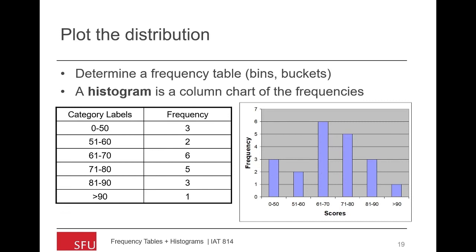So we have the data whose value is 0 through 50. There are 3 of those. Values 51 through 60, there are 2 of those, etc. All values above 90 fall into this bucket, which means greater than 90. And so here's the table, and here is the visual histogram that you see as a result of plotting out that table.